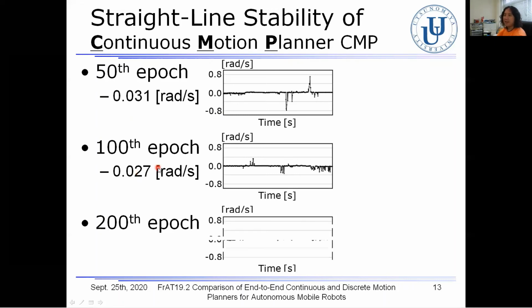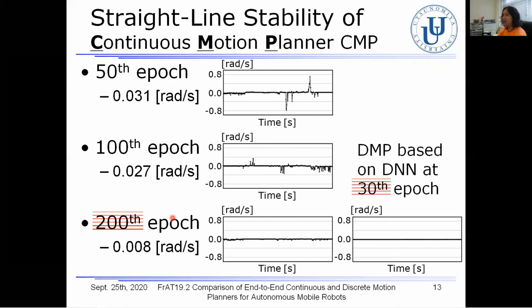So as a result, the robot based on these CMPs slightly weaved in some cases. In the bottom figure, finally, the average absolute value based on the deep neural network at the 200th epoch was reduced to 0.008. So the robot based on the CMP was enabled to move in a straight line toward the destination. As the network training further proceeded, the straight line stability of the CMP approached that of the DMP.